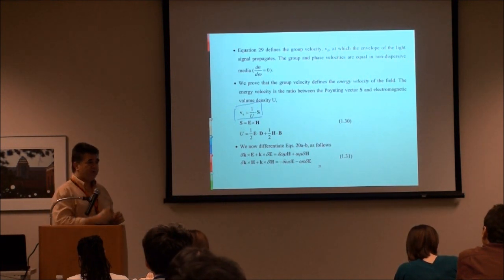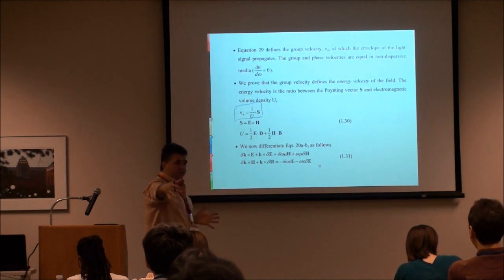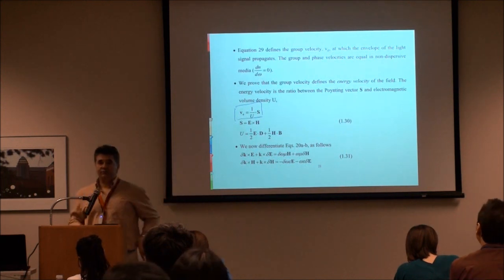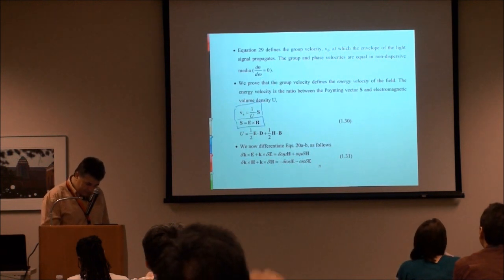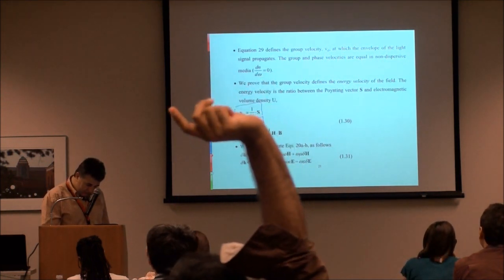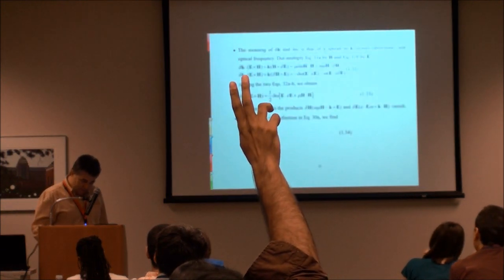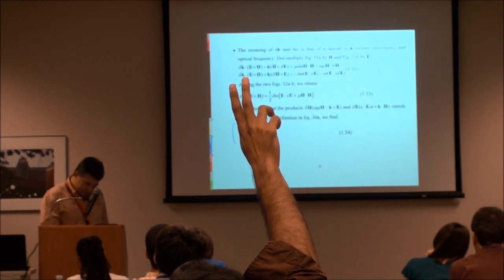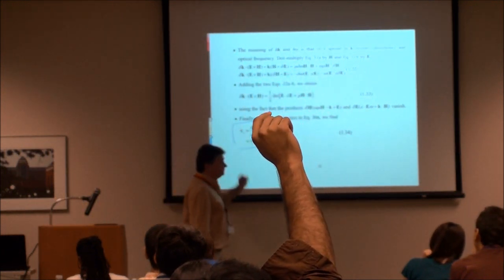You can prove that the velocity at which the energy is delivered by the light is exactly the group velocity. The energy velocity is defined by the Poynting vector. You define the energy density, and you go through all these steps and you're going to find exactly this. That they are equal.